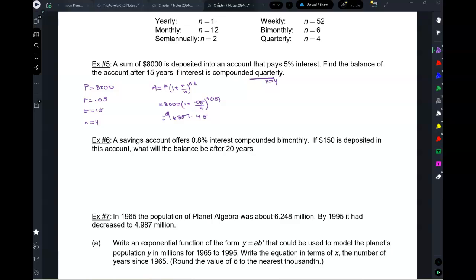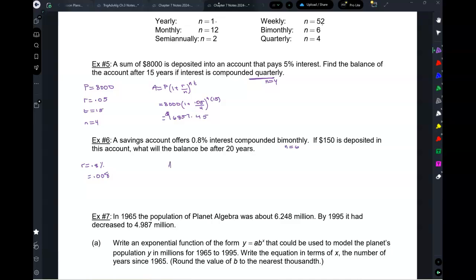A savings account offers 0.8% interest compounded bi-monthly. If $150 is deposited in the account, what's the balance after 20 years? Okay, the rate is 0.8%, which is 0.008 in decimal.